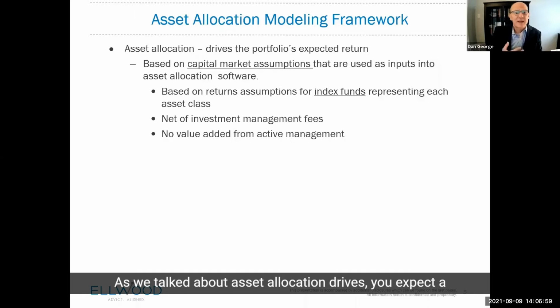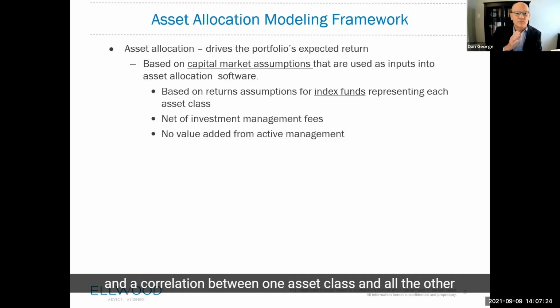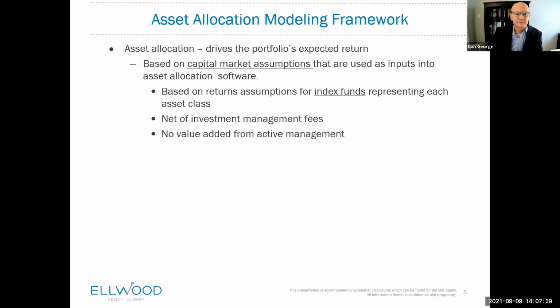As we've talked about, asset allocation drives the expected return for a portfolio. And an asset allocation model is driven by capital market assumptions, which are basically inputs into asset allocation software. Those capital market assumptions, which we'll talk about more in a moment, include expected return, a risk number, which represents standard deviation for each asset class, and a correlation between one asset class and all the other asset classes included in the model.